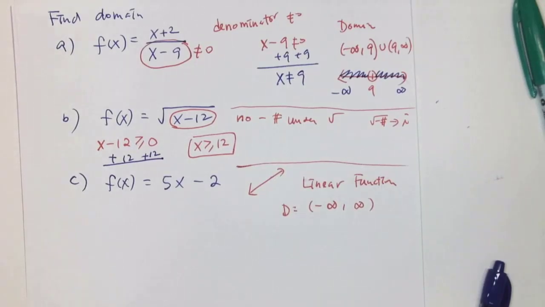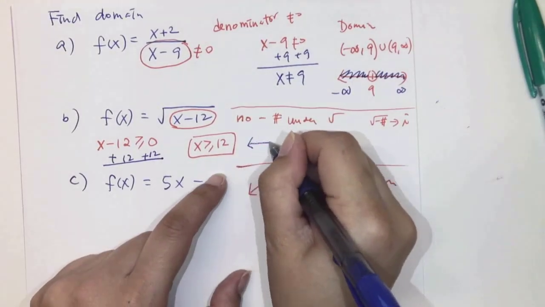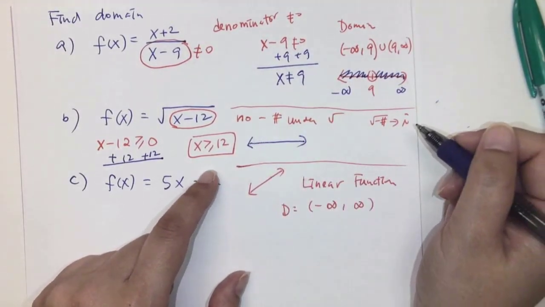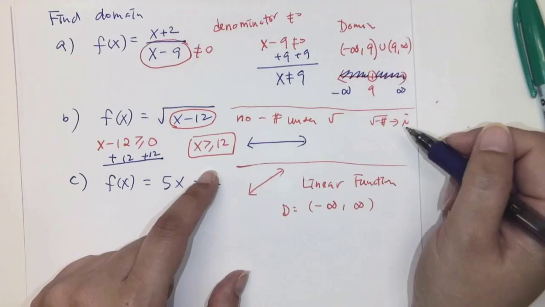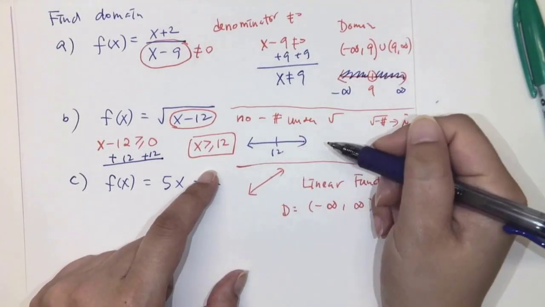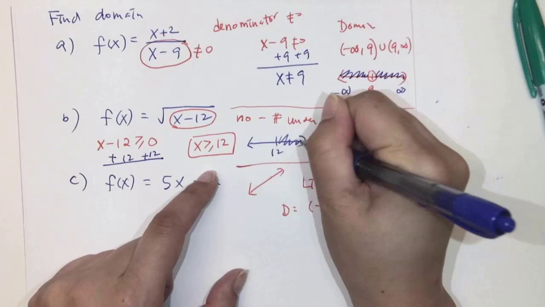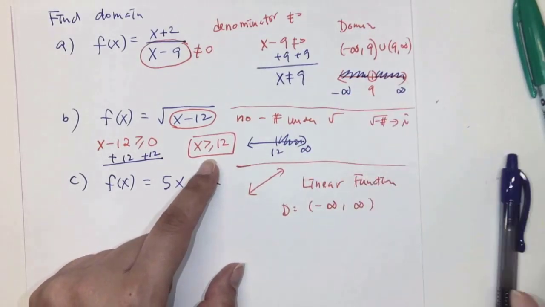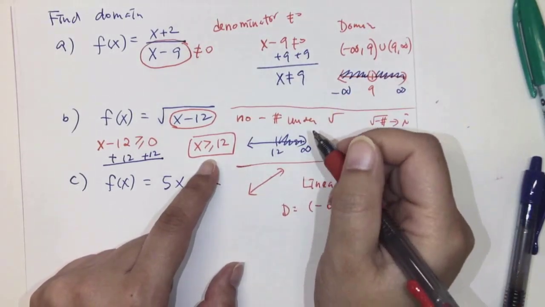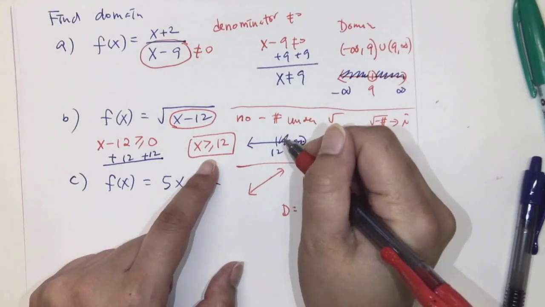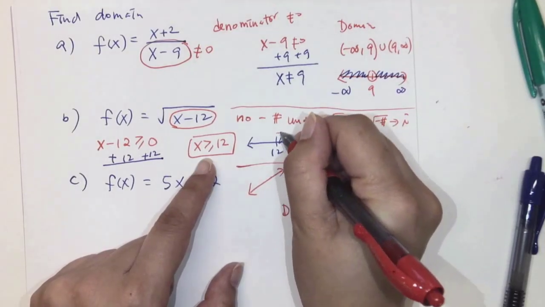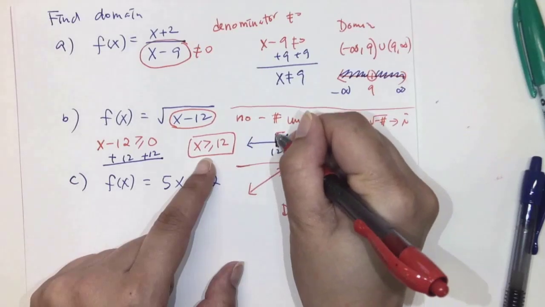So if that's the case, how do I write the domain? It can start from 12, go toward infinity, but close that with, why is it brackets? Because it's equal to, okay? If it's not equal to, it would be parentheses.